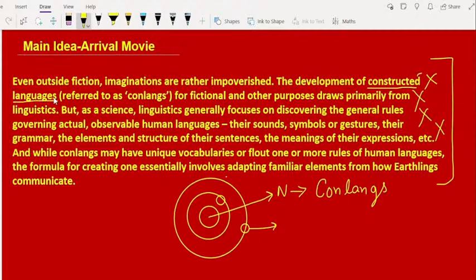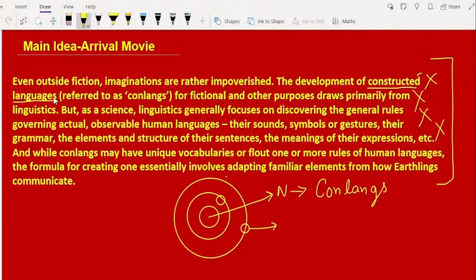Let me tell you what exactly this passage is talking about. It is about constructed languages. If you are a fan of Big Bang Theory, there was a language called Klingon. So it's a constructed language. What they're saying is, even when we are constructing a language, how will we construct it?